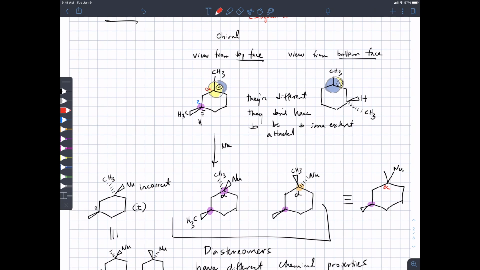We predicted that it would be faster to attack from below than from above because of steric hindrance of that methyl group. However, we didn't consider the fact that these are cyclohexanes and the products might differ in stability too, depending on the conformations, right? You got two methyl groups, and then whatever this nucleophile is, maybe it prefers to be equatorial versus axial, depending on its size relative to the methyl groups.